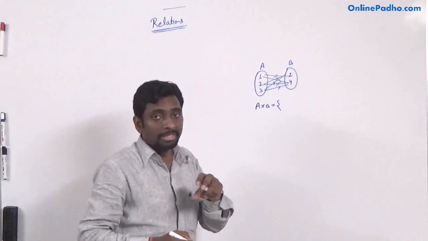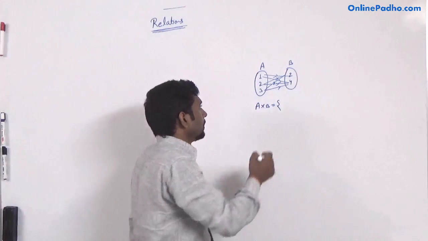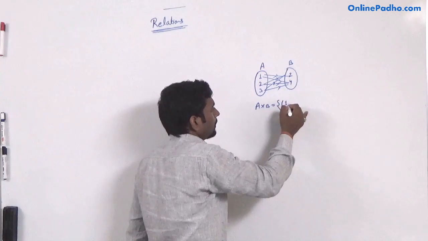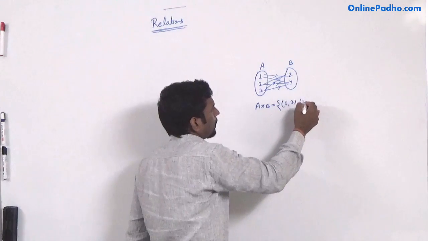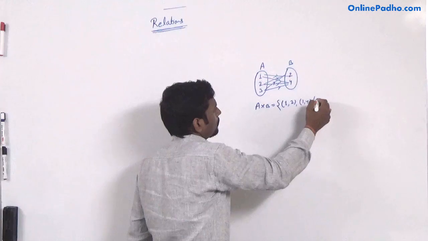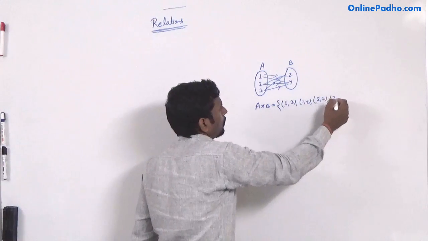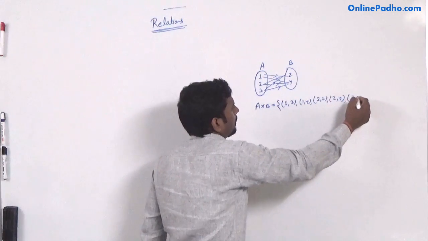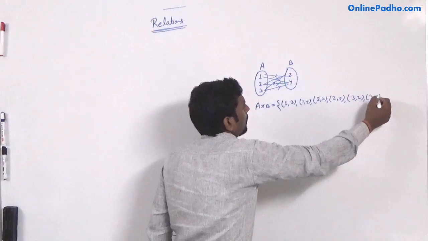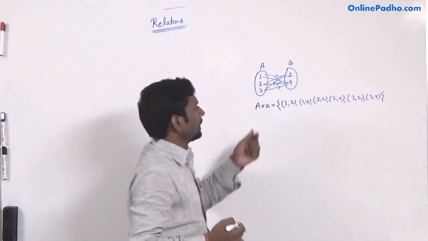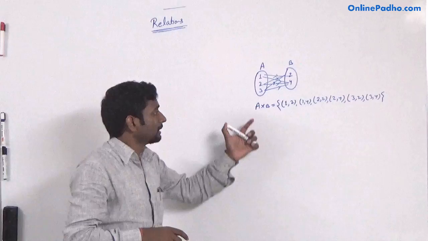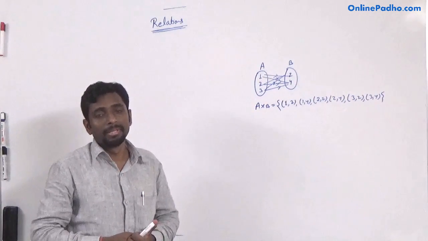We need to write all the elements as ordered pairs. This is the Cartesian product from set A to set B.